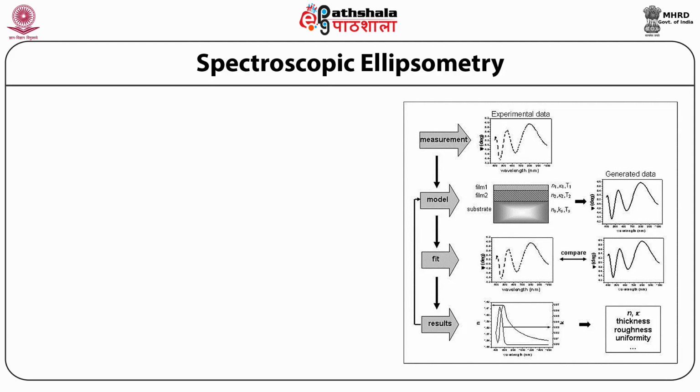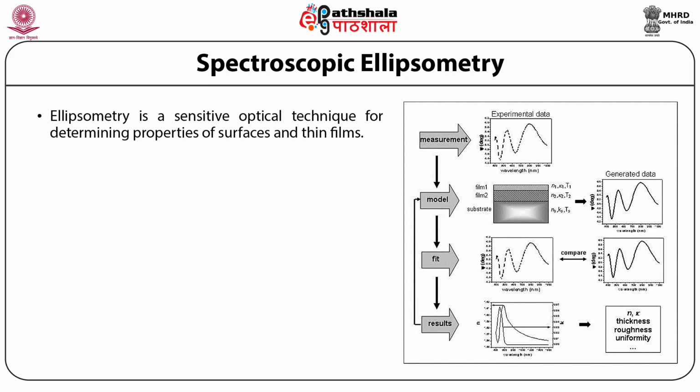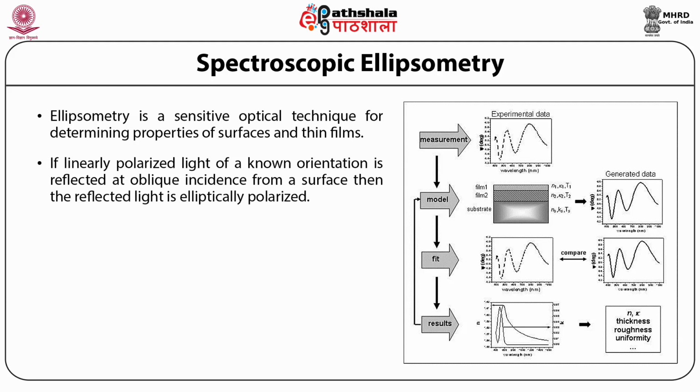This figure shows the basic idea of the ellipsometry technique. Ellipsometry is a sensitive optical technique, as we have discussed before, for determining the properties of surfaces and thin films. If linearly polarized light of a known orientation is reflected at oblique incidence from a surface, then the reflected light is elliptically polarized.